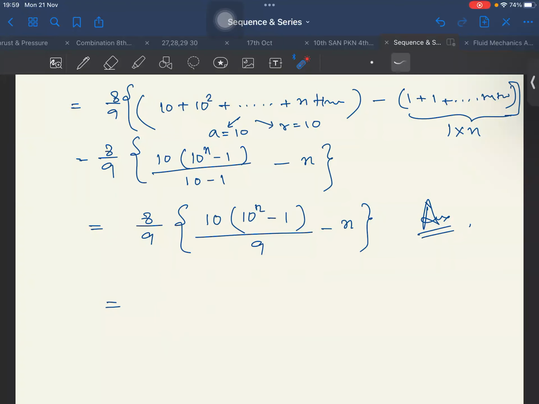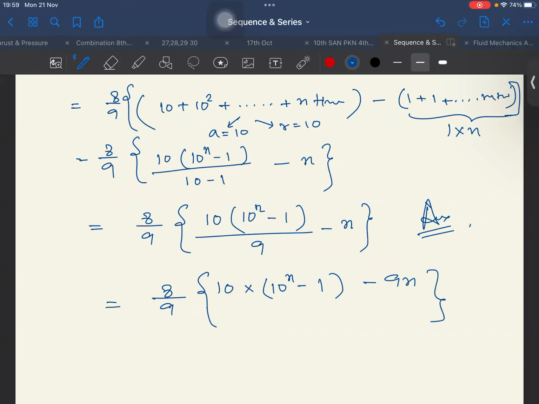This will become that, isn't it? So let me write it. 8 upon 9. You can also multiply this 10 here as well as here. No issues. 10 multiplied by 10 to the power of n minus 1 minus 9n. We have taken LCM 9.